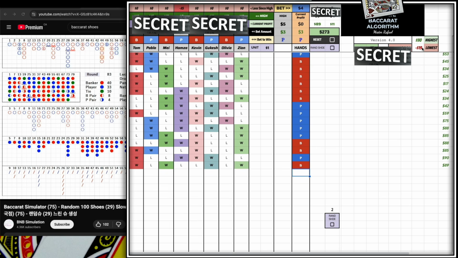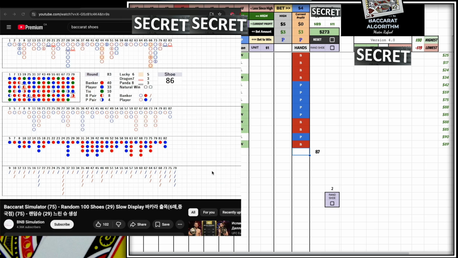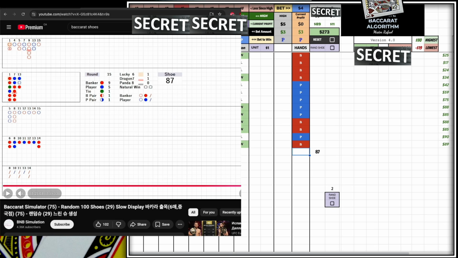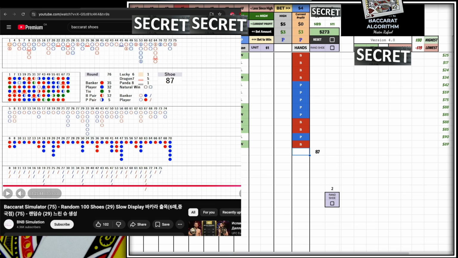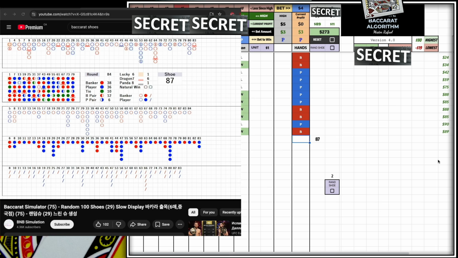Biggest drawdown minus 19. Currently sitting at $89 in profit with the next bet being $4 on player. Okay, we're going to go to shoe 87 here. Okay, here we go with shoe 87.